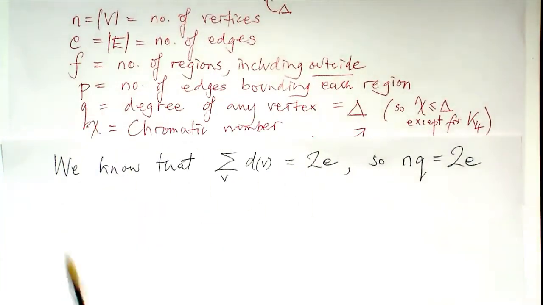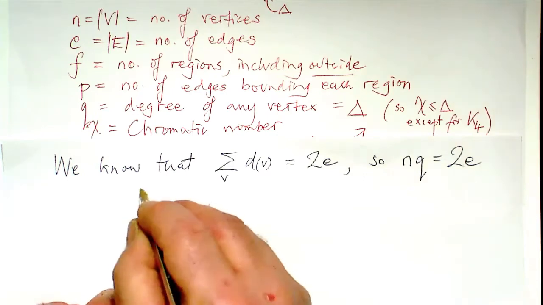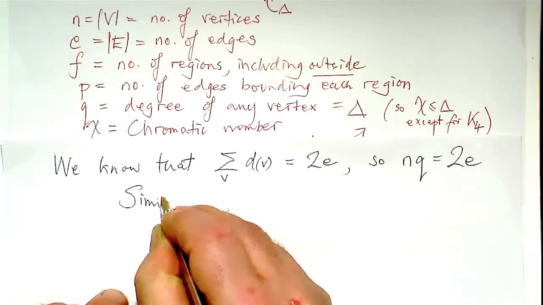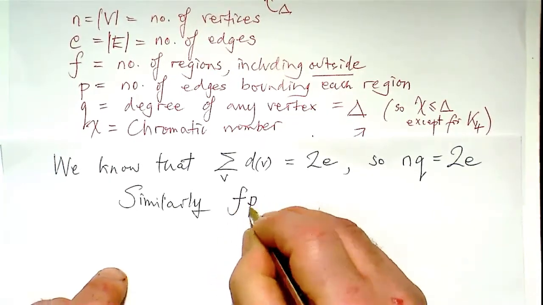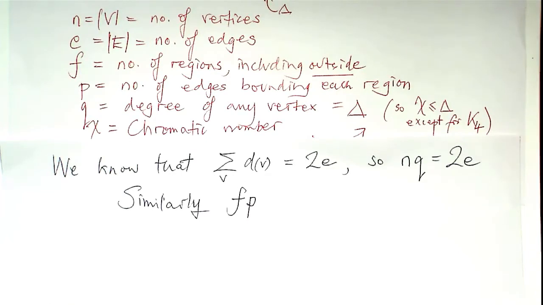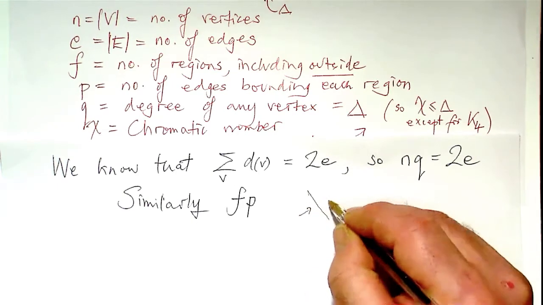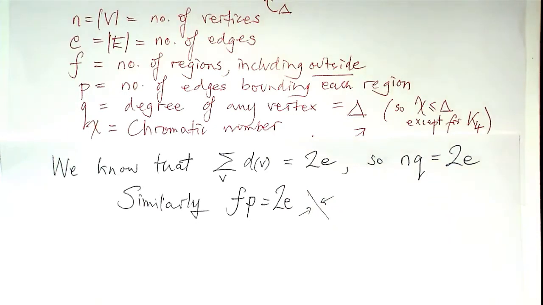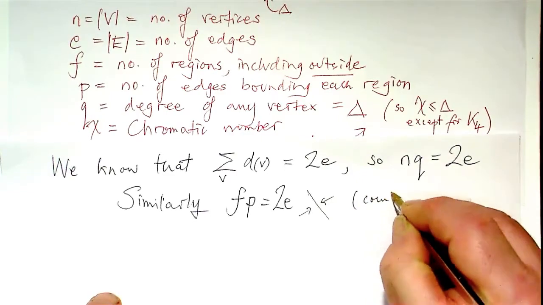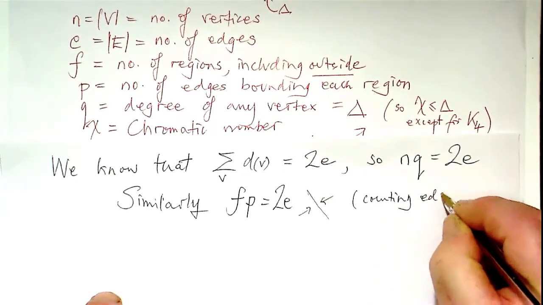But we can do an analogous thing with P. If we have a number of regions, and every region is bounded by P edges, similarly, if we take the number of regions and multiply by P, that will give the number of edges, except that each edge bounds two regions, one on the left and one on the right. So fP will also be twice the number of edges, because this is counting edges by faces, or by regions.